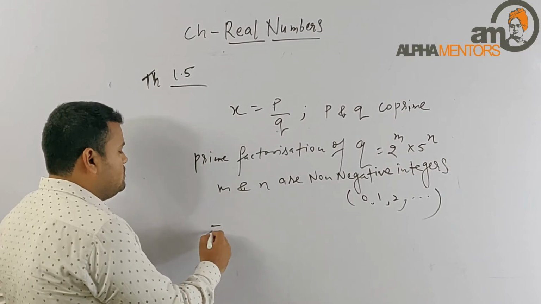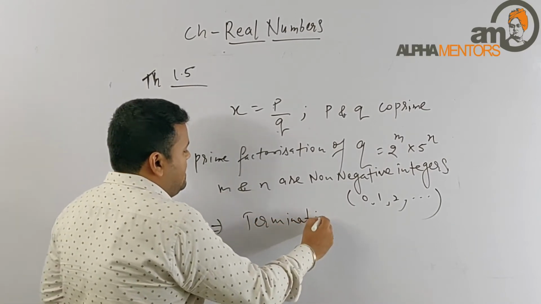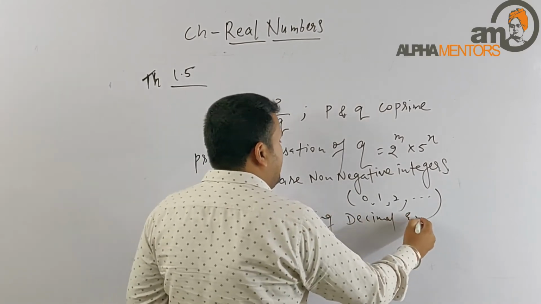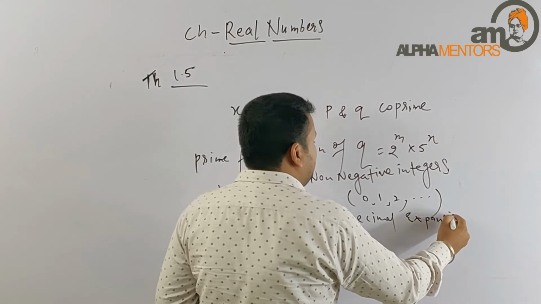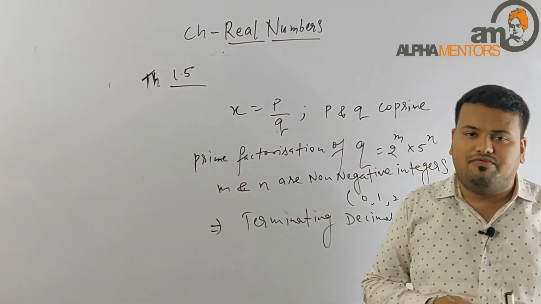So what is the condition? We can say the given rational number has a terminating decimal expansion. That is property number 1.5. So what is the theorem 1.5 statement?